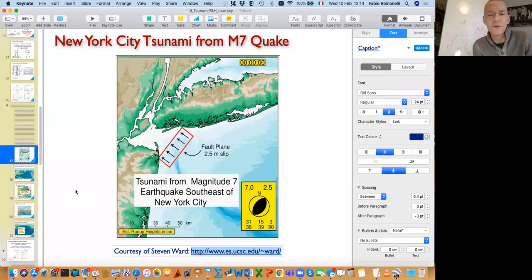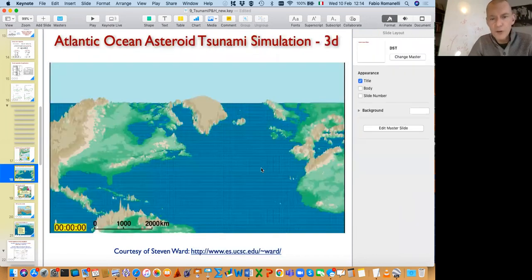So here you can see a sort of tsunami propagation from a magnitude 7 in front of New York City. This is an animation, I will not lose my time, but just to show you that a tsunami can be generated also by an impact from above. It's not earthquake induced, but it can be caused, for example, by an asteroid.